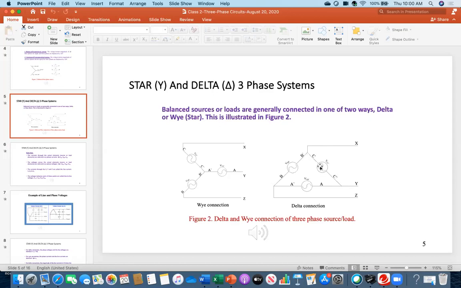There is a common point of this coil and this coil, so you can't say that this current is the same as this one or that one. So in this case, the current flowing through this coil, this coil, this coil, those are the phase currents. But current flowing through X, Y, and Z going towards some loads or some other portion of the network or the grid point, those are the line currents.